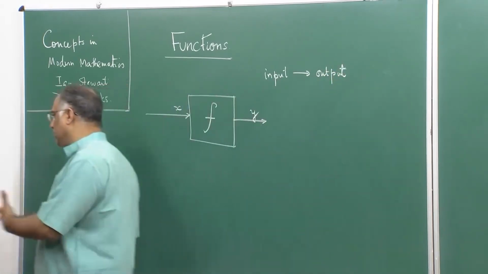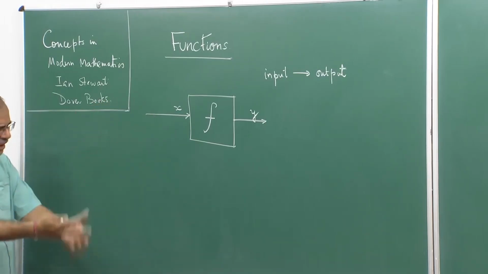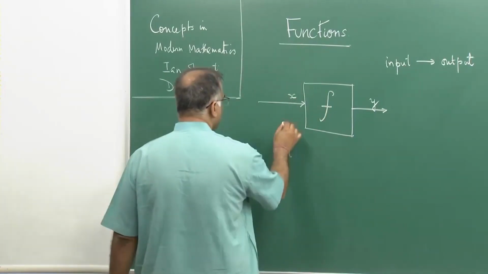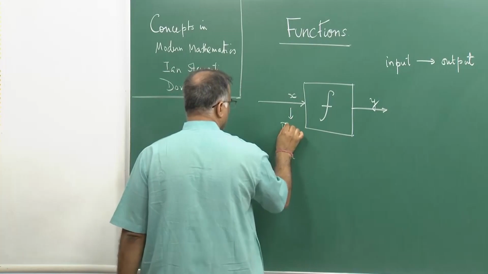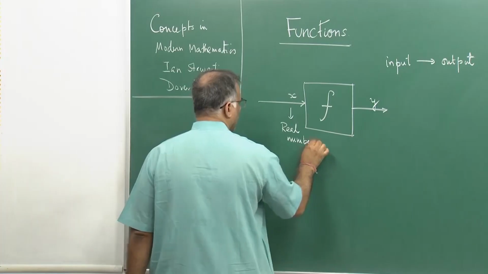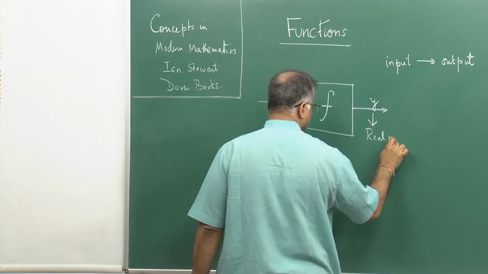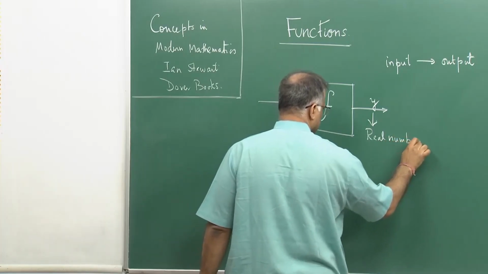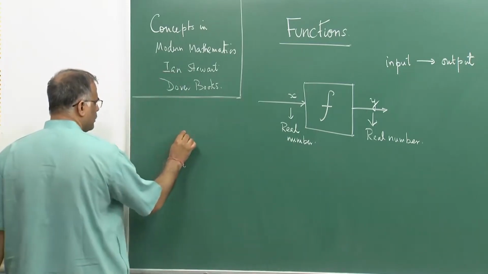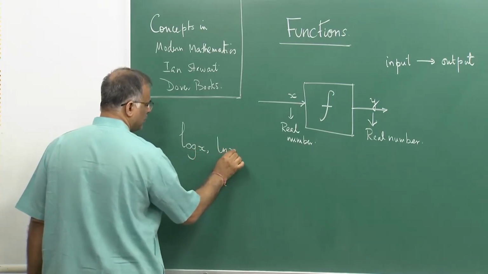So assume that this is a mathematical machine where I put some variable, some real number in, and out comes another real number, right. So, a real number in, and this is a real number out. You have heard about various kinds of functions.